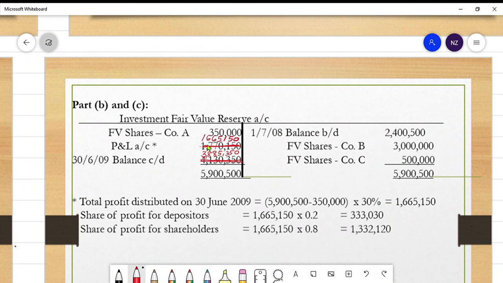There you go. Saya dah edit. Saya dah tukar dia nombor. Tadi ada correction. Yang P&L account yang stars ni supposedly kan 1,600,000 plus. So saya dah tukar. And then because of we need the balance CD of the reserve account ni.